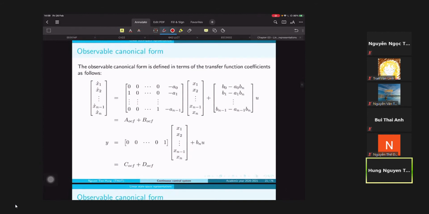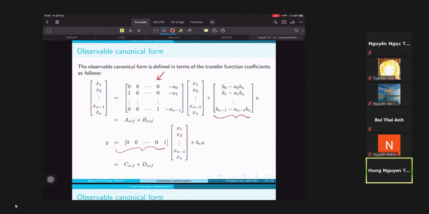In the observable canonical form, we see that we change. Now, the rows become the columns. This is the matrix transpose. But we have a different form of B and C. You see, they have different things.